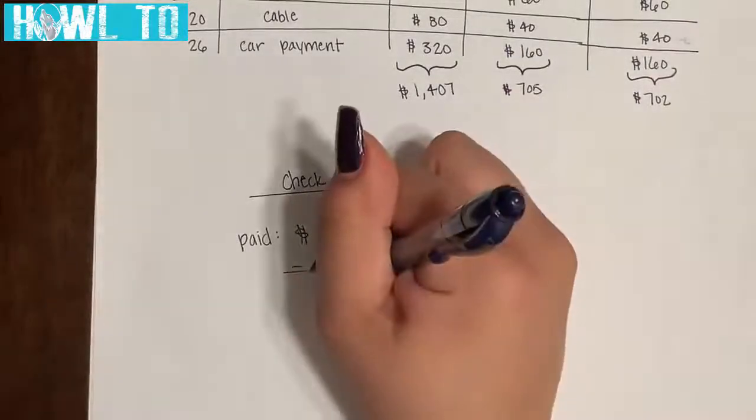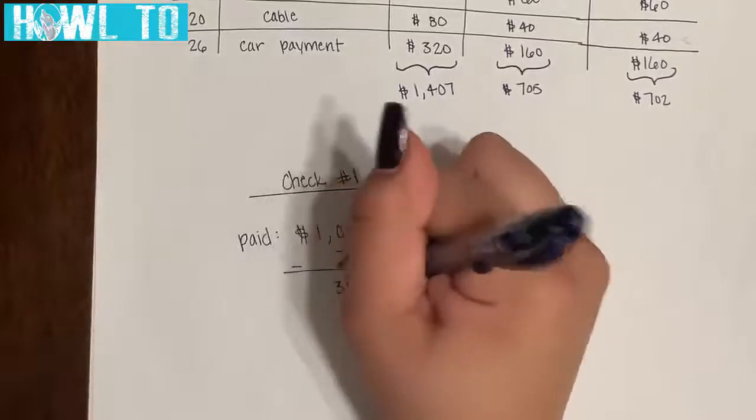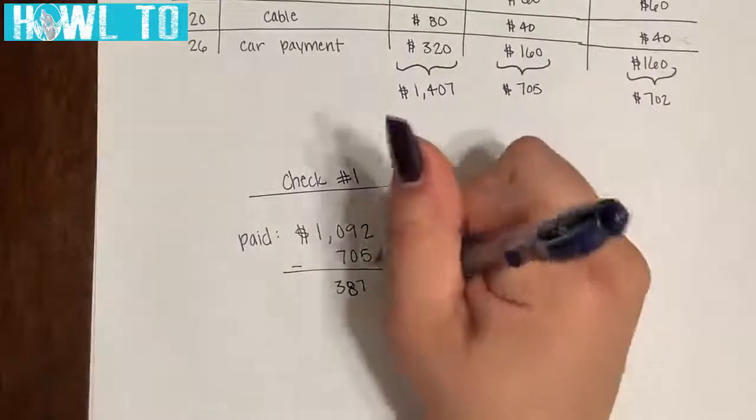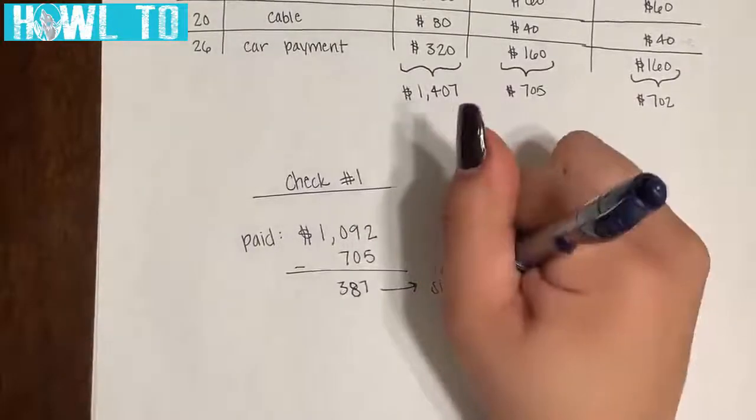And we get $387. Now this $387 will be solely for our sinking funds.